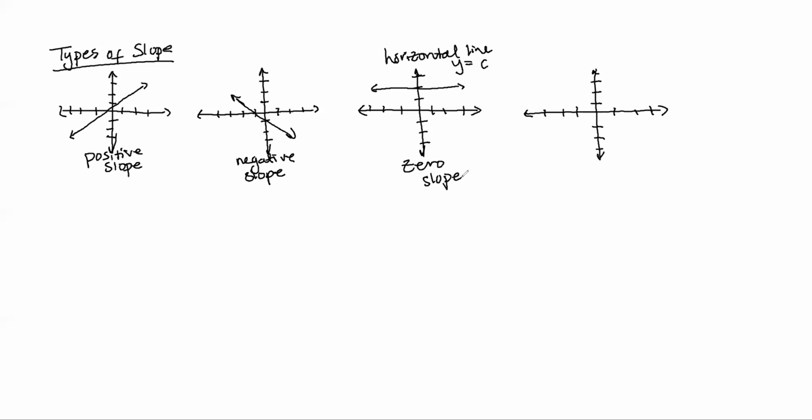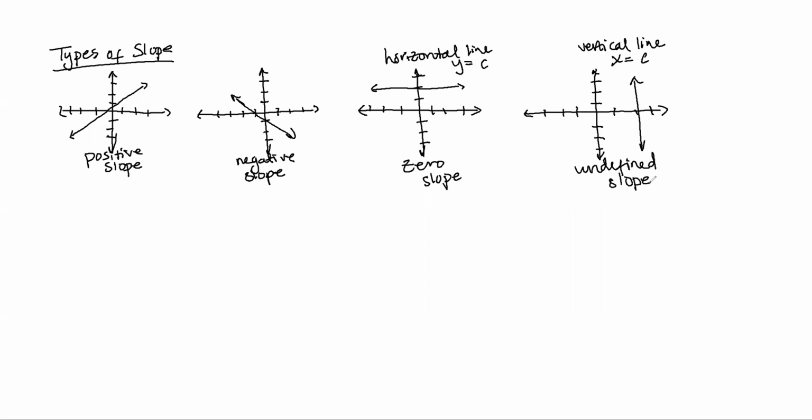And then finally, if we have a vertical line, so a line that's x equals some number, some number not being 0, some number just being the letter c, then we have an undefined slope.